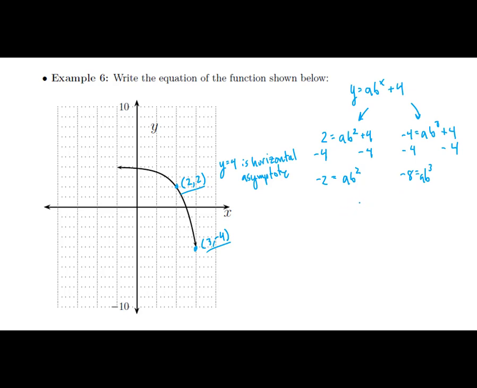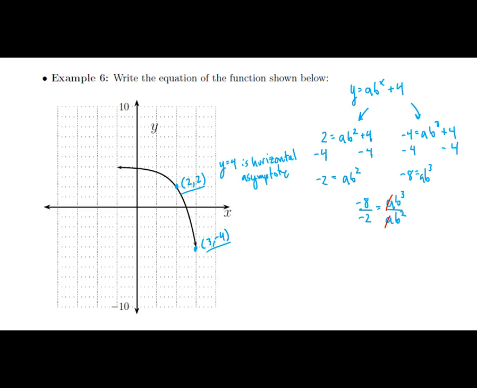And now I can divide these. So I'm going to take the one on the right divided by the one on the left, so that I have a times b to the 3rd over a b squared. And I put this one on top so that in the end I would get just b to the 1st power after doing my simplification. That's going to be a whole lot easier.